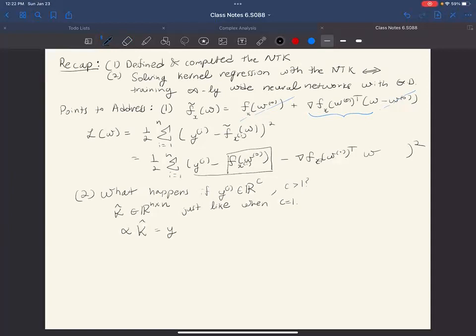And now my y, instead of being a 1 by n vector, you just let y be a C by n matrix. And similarly, alpha is just going to be a C by n matrix. And this is it. So if you just do this, somehow solving kernel regression, you're solving these C independent kernel regression problems, and you're good to go.